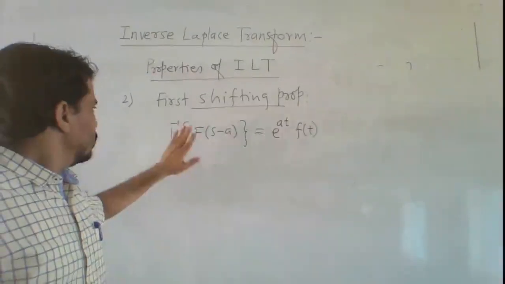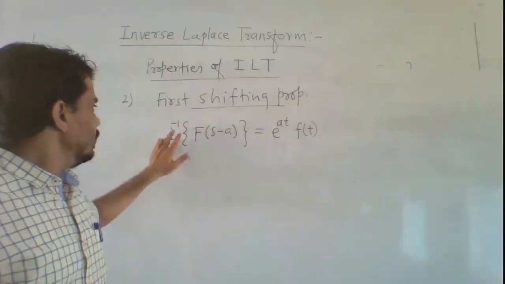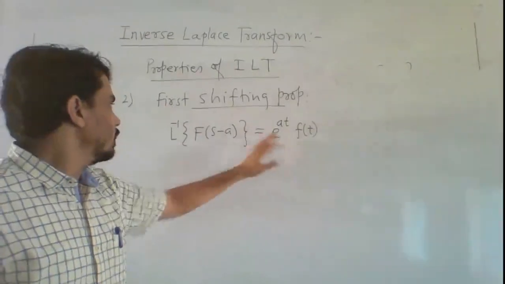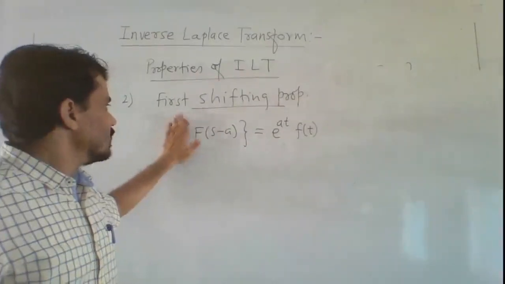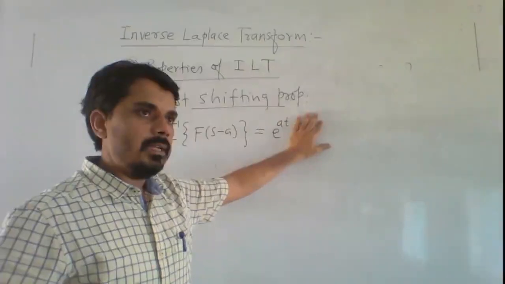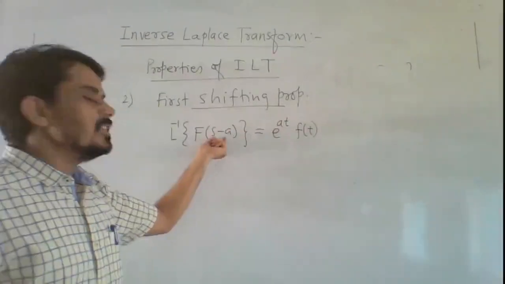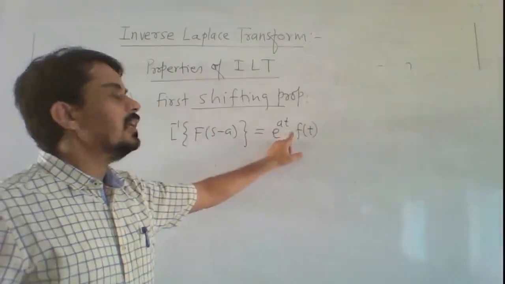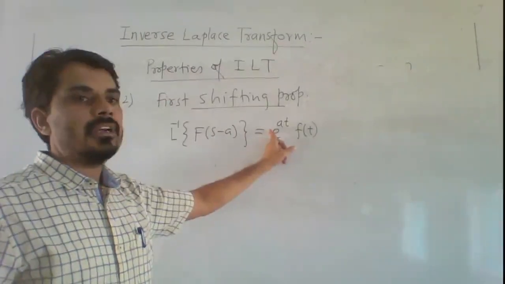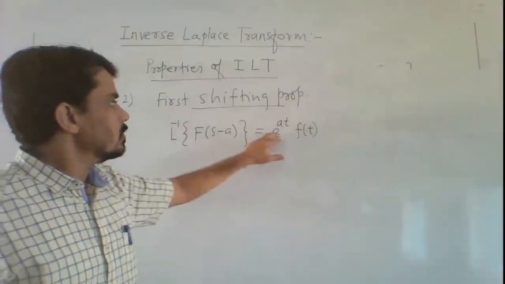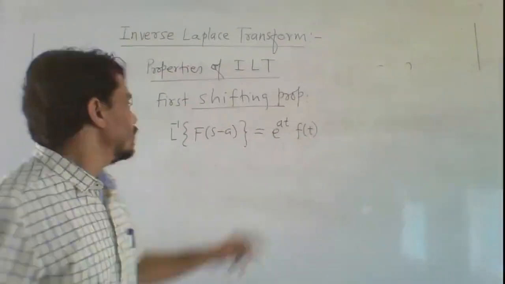In this property, L inverse of F of s minus a is equal to this. So how is it obtained? First find the inverse Laplace transform of F of s. It is f of t, and there is s minus a. So for this factor multiply by the exponential term e raised to the power at. So it is equal to e raised to the power at into f of t.